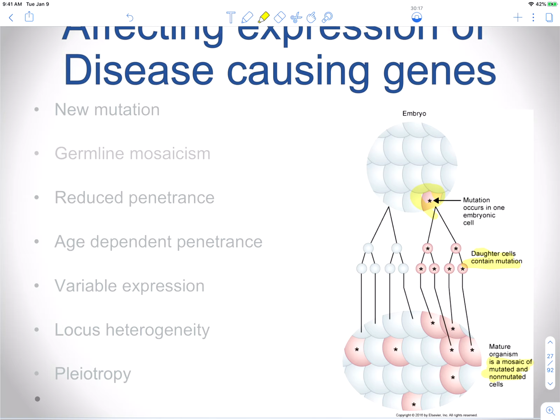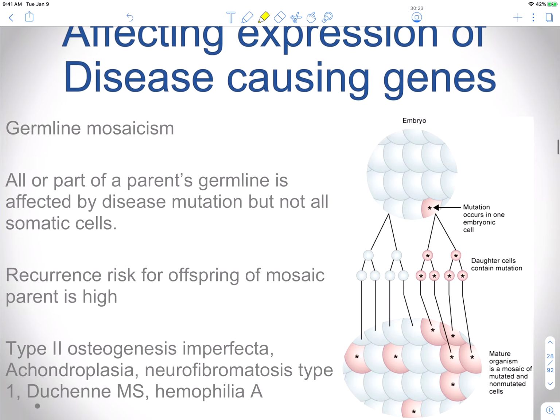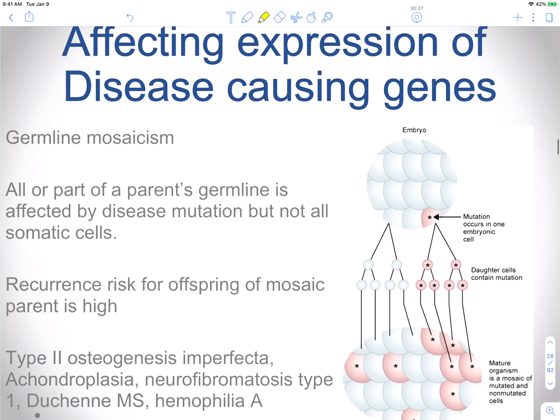So we can have new mutations. That's pretty straightforward. A new mutation just means it arises spontaneously. We have germline mosaicism. Germline mosaicism is where all or part of a parent's germline is affected by the disease mutation, but not all of the somatic cells.